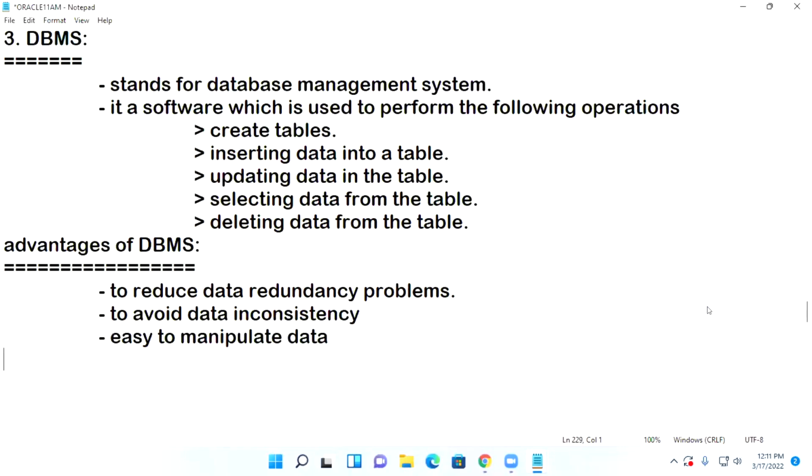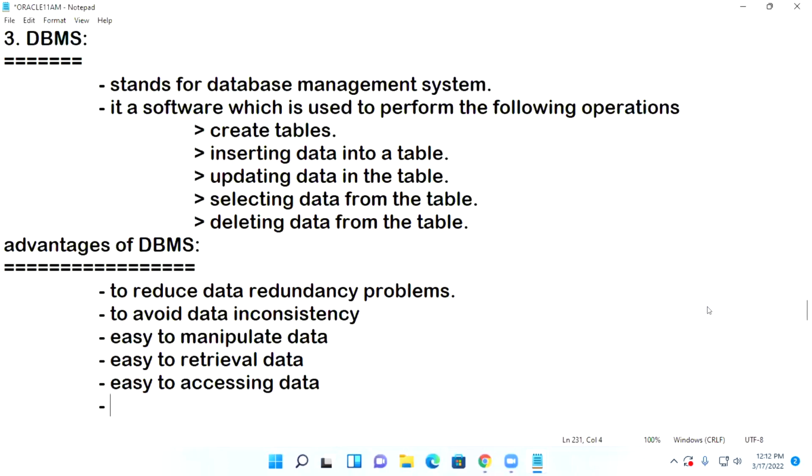Whenever you want to manipulate, you can manipulate. And it is easy to retrieve data. And it is easy to access data.